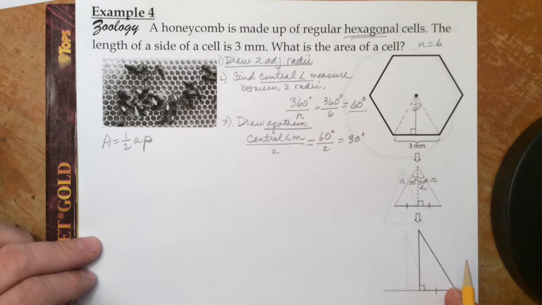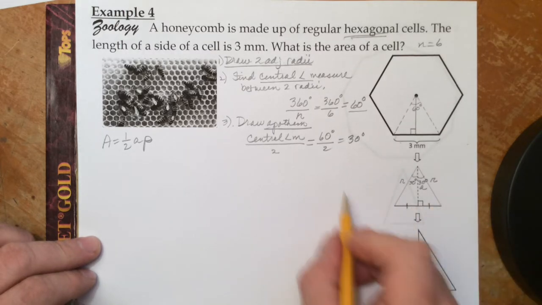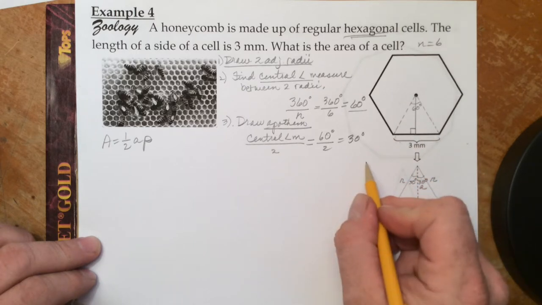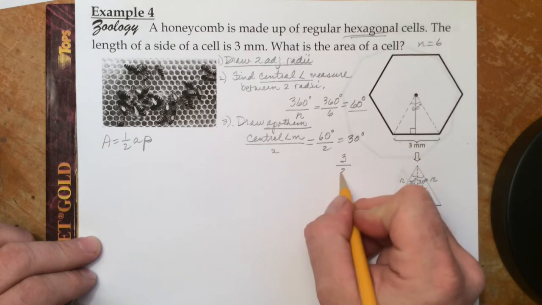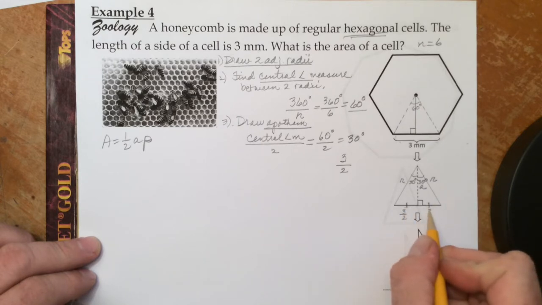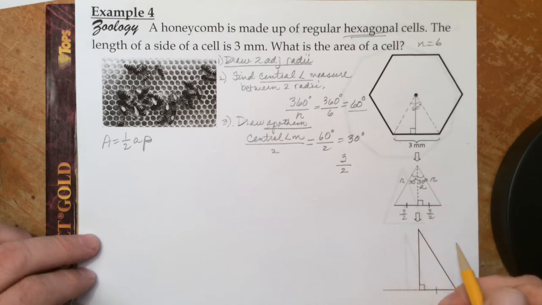Next, we also have the length of one side is 3 millimeters. So we take that side and we divide it by 2 because it cuts into 2 equal parts. So this is 3/2 millimeters and this is 3/2 millimeters, or 1.5 or 1.5. So we've got these marked now.